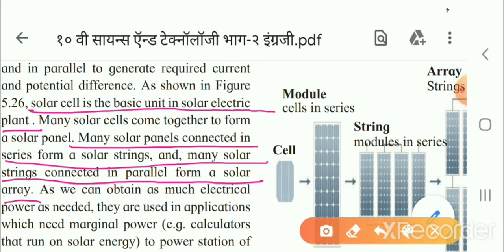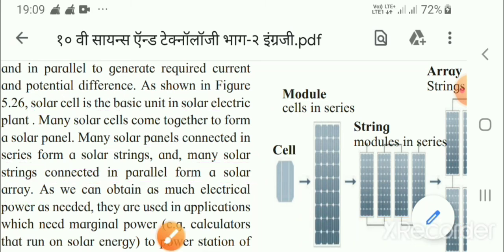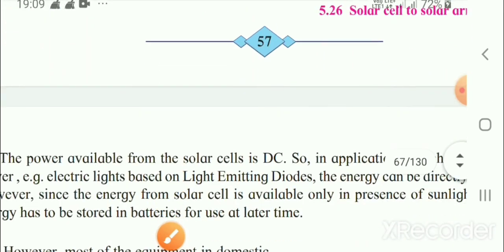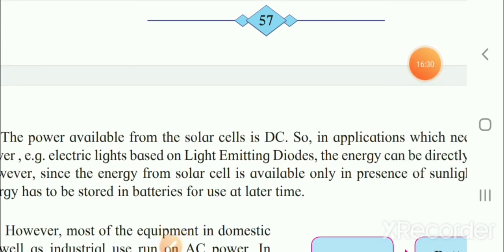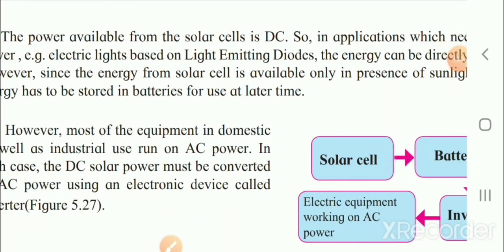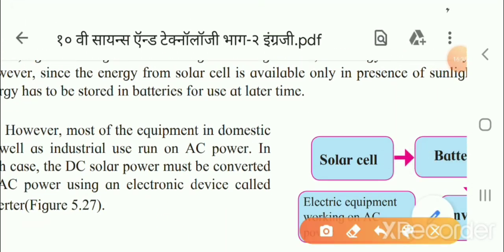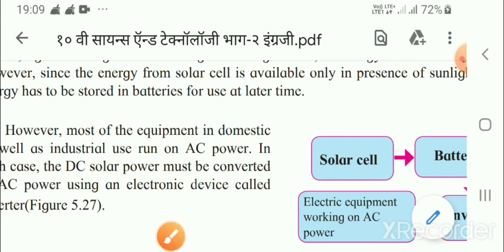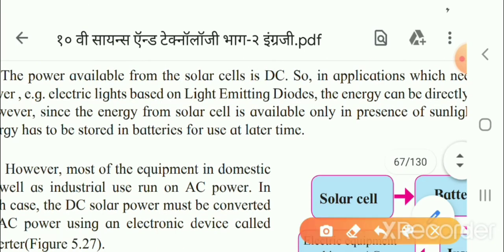Now the power available from the solar cell is DC. So here we can see, children, that the power made available from the solar cell is DC.